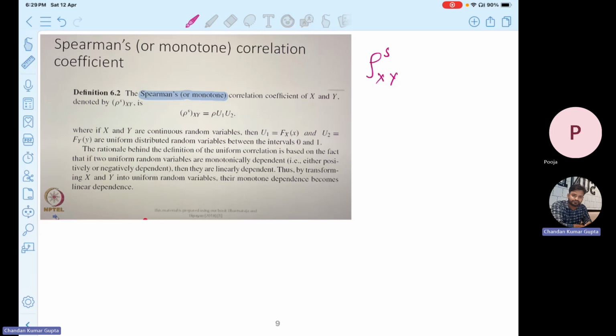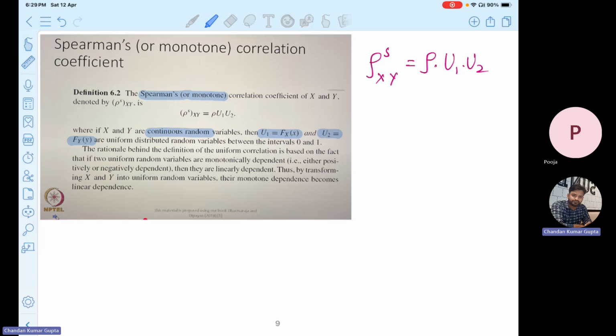The Spearman's correlation coefficient between the random variables x and y is actually rho, the correlation coefficient, of u1 and u2, where these random variables should be continuous in nature. Here u1 is Fx and u2 is Fy, that is, the CDFs of the random variables x and y respectively.